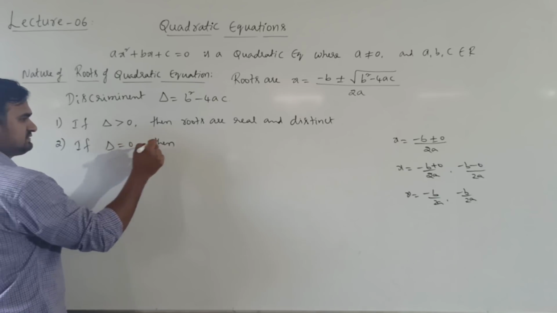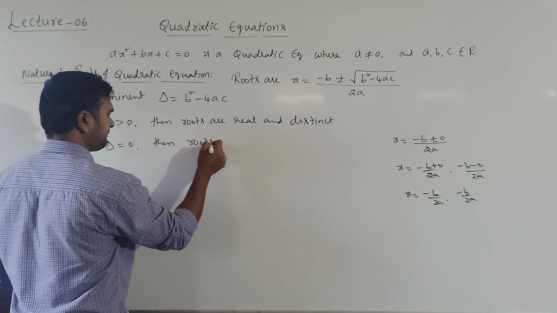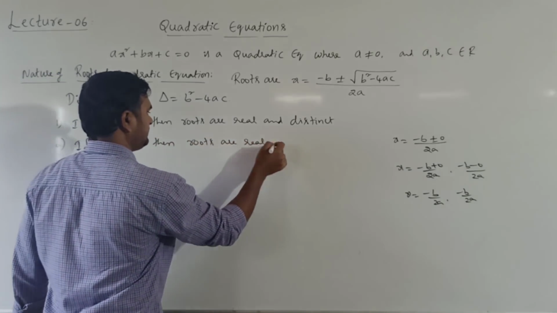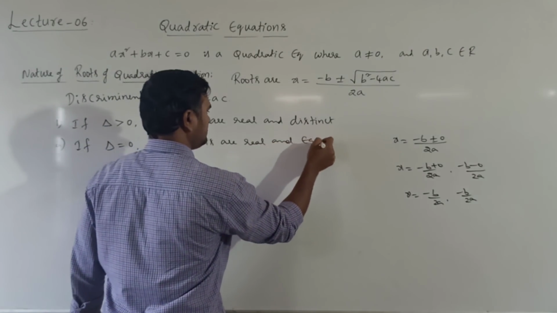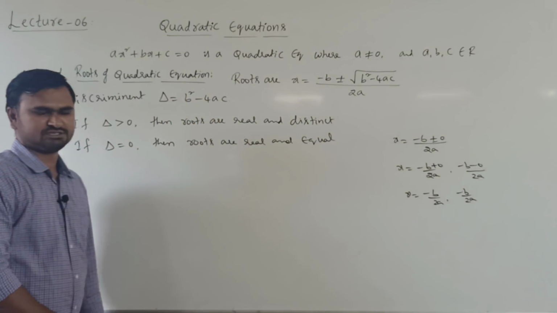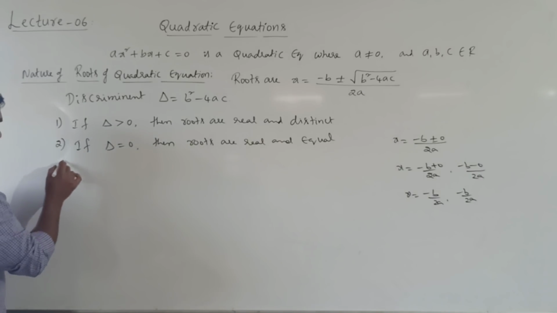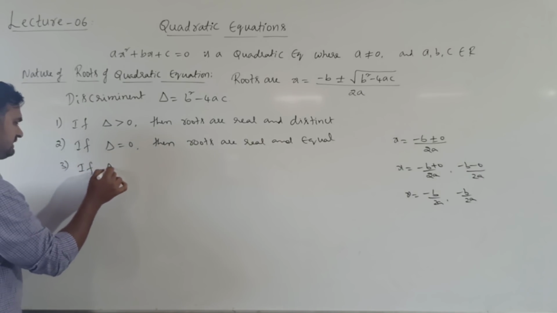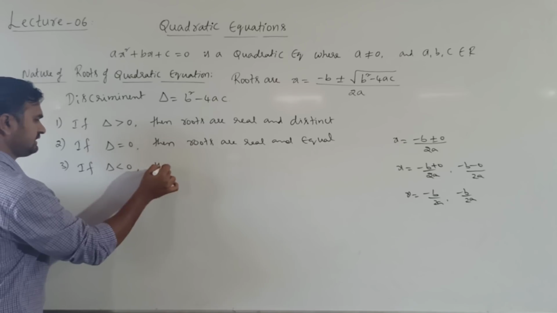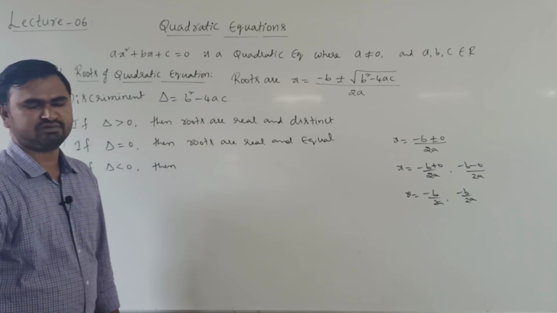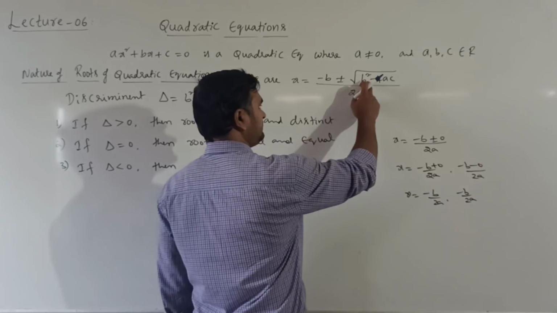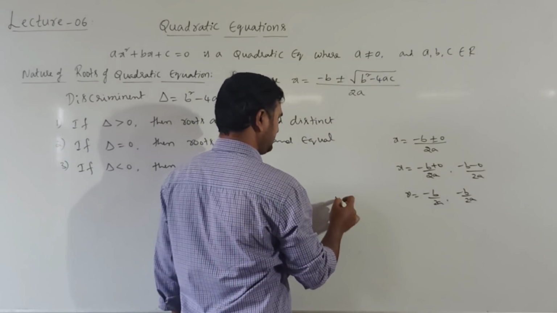So whenever delta is 0, the roots are real and equal. Understand? Next, the third case: if delta is negative, what will happen? Delta negative means we get the square root of a negative value.